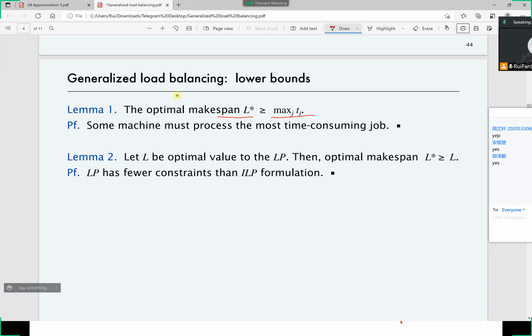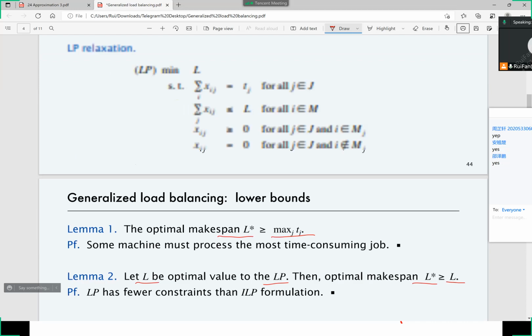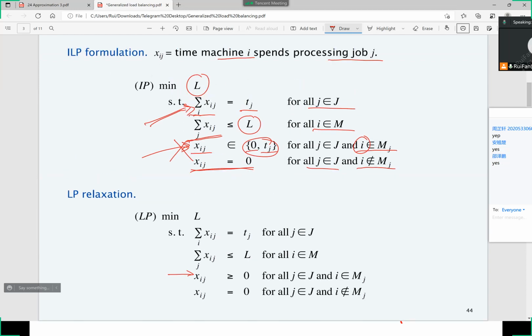Next, suppose L is the optimal value to the LP. Then what we know is that the optimal solution to the integer linear program is at least as large as the optimal solution to the linear program. And that is simply because the linear program has fewer constraints than the integer linear program.